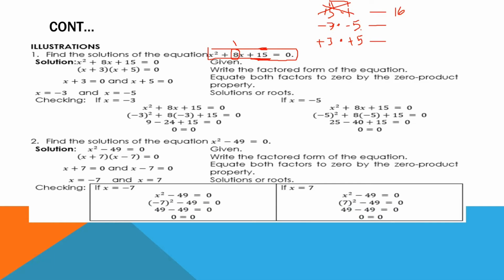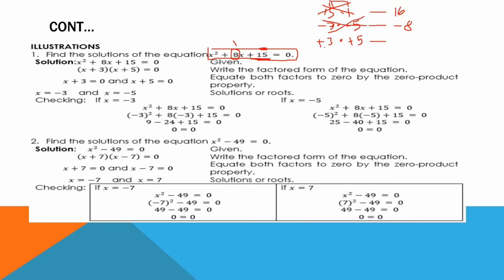When we multiply, the answer is positive 15. But when we add or get the sum of this, negative 3 plus negative 5, it is equal to negative 8. So, same siya ng ating number, but the sign is different. So, dapat positive 8 yung makuha natin. So, ibig sabihin, hindi na ito yung kukunin natin.